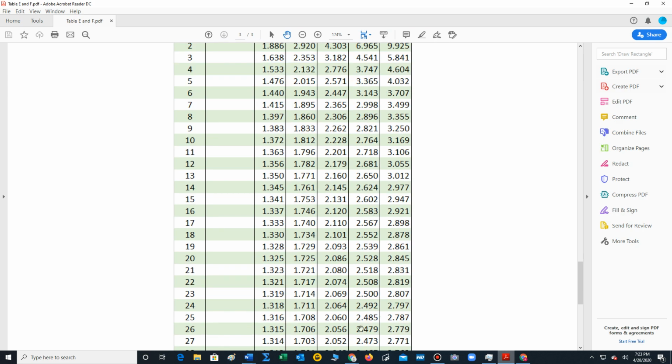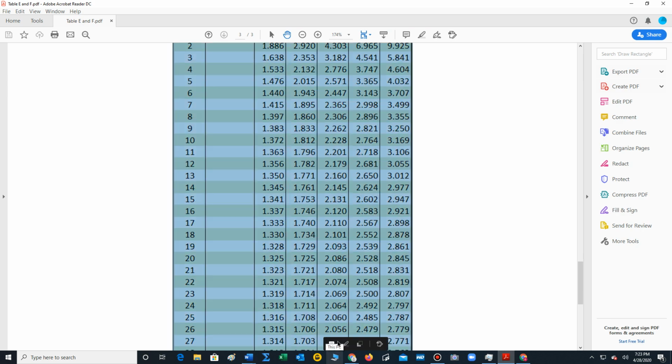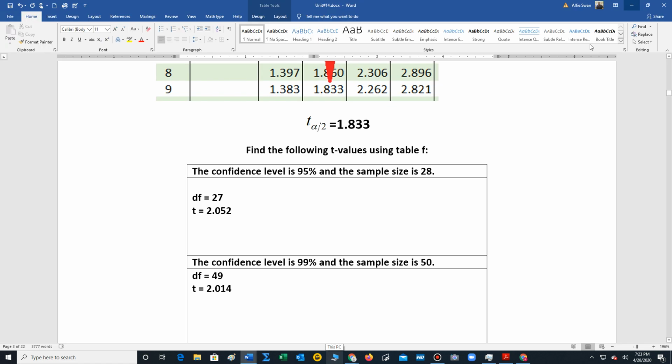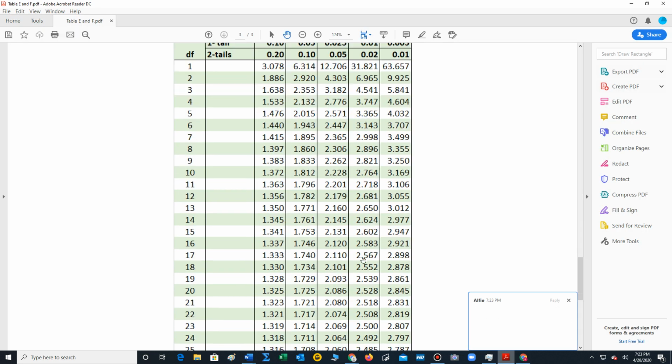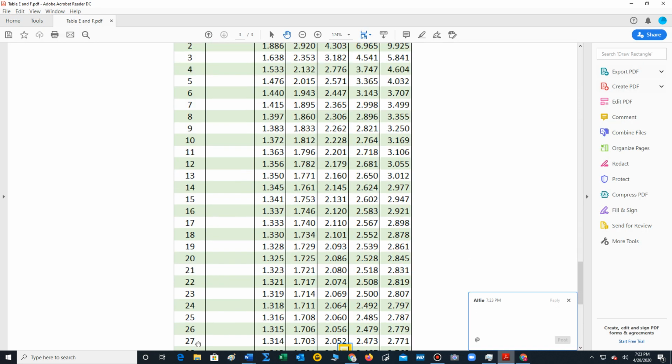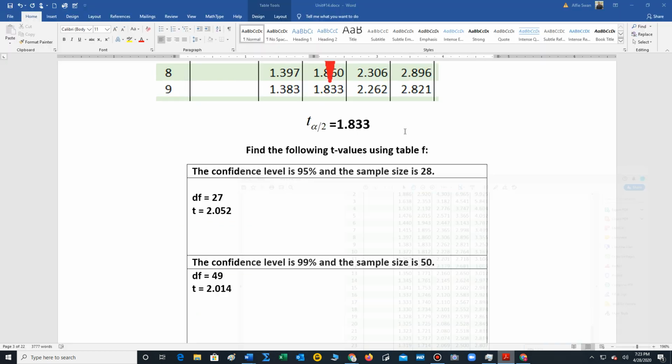So we go down to 27, so 2.052. Let me just make sure. Go back, so 95% down to 27, and that should be 2.052. Yes, and that's our t-value.